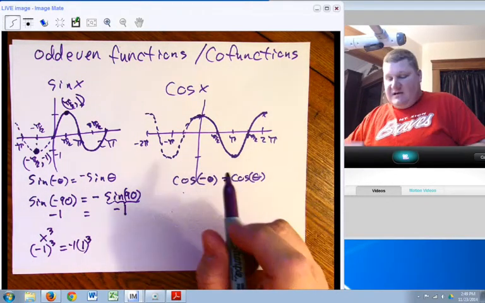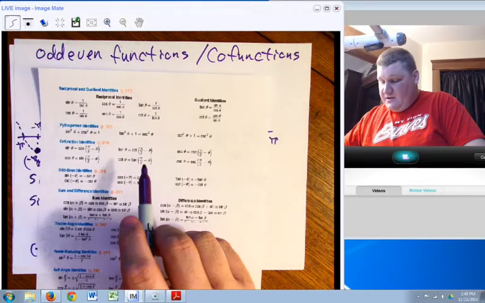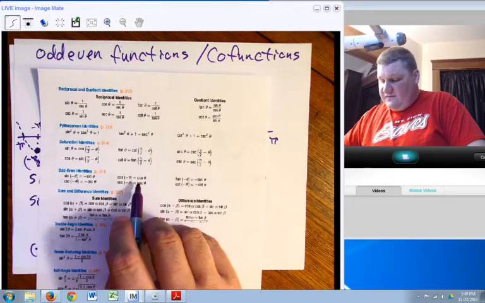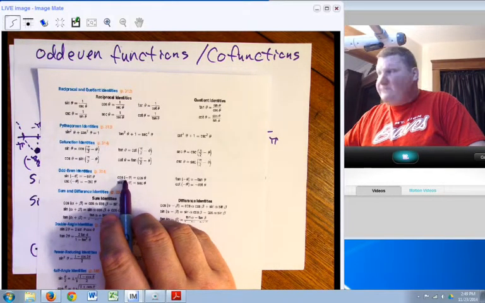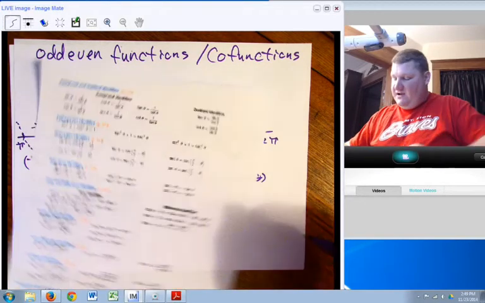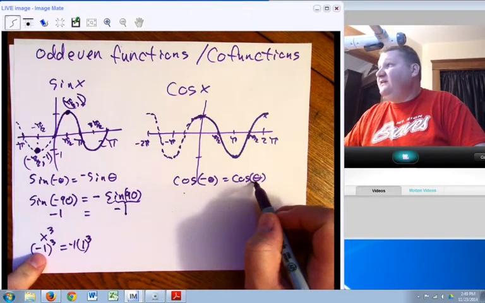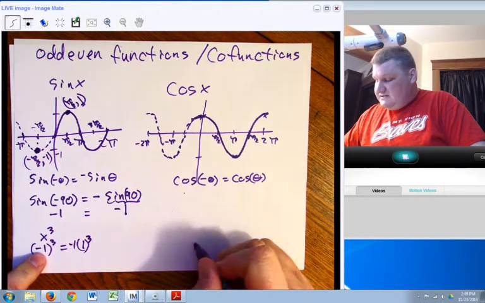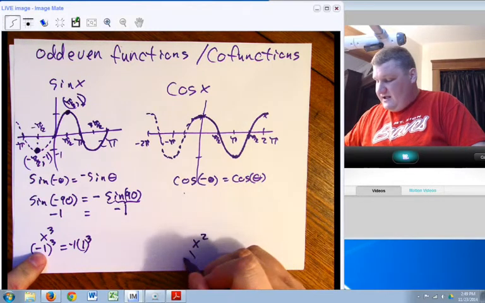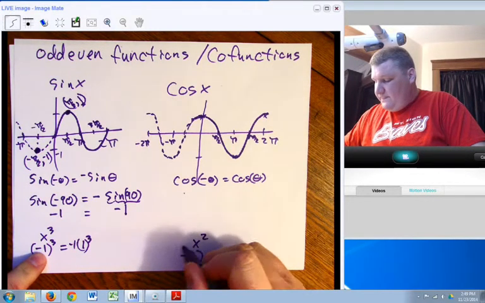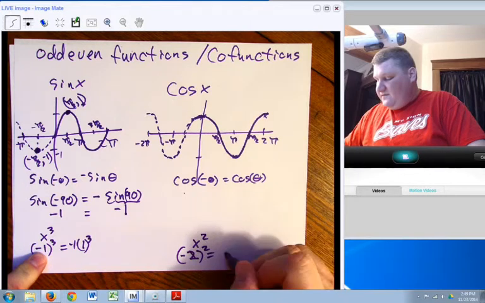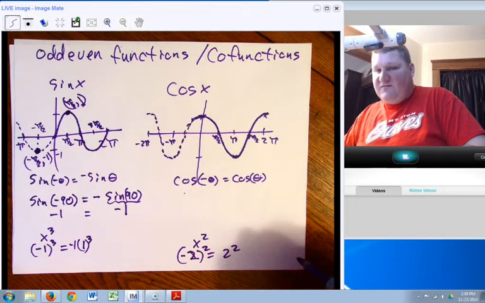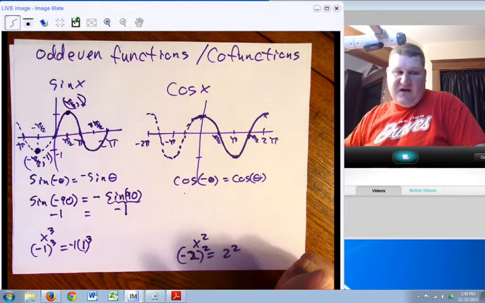It says that in this case, cosine, since it's an even function, cosine of negative theta equals cosine of theta. The negative disappears. Just like if I took x squared and I had negative 2 squared, it's going to be 2 squared. The negative disappears because negative times negative is a positive.